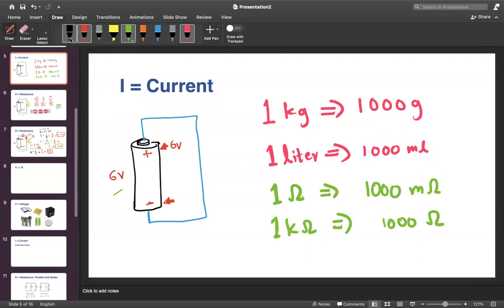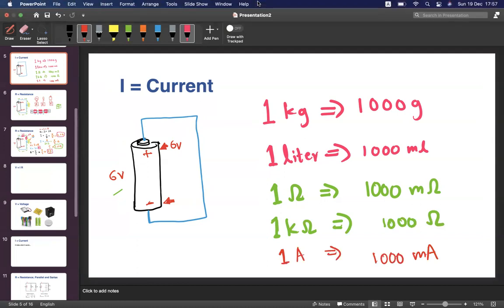And let me say now 1 amp is equal to how many milliamps? 1000 milliamps. Yes. Is that clear, Dulnita? Yes, sir. Brilliant. So this is the equation, right?